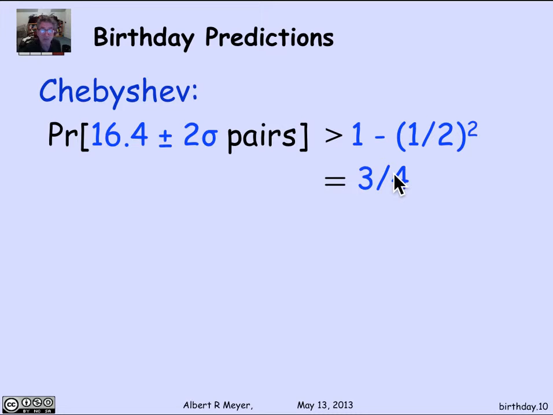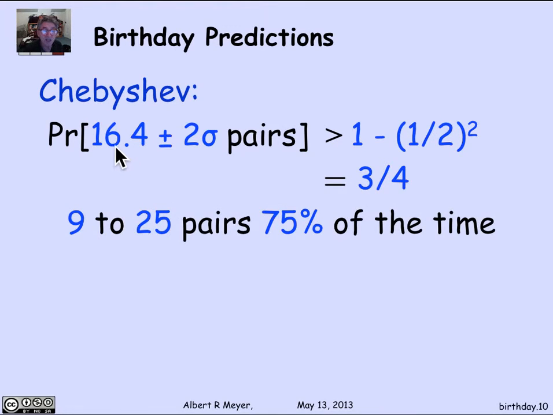There's a 3/4 chance that the number of pairs that we find is within 2 sigma of the expected number, 16.4. Sigma was about 4, so this is 8, which means that we're expecting, with 3/4 probability, somewhere between 8.4, meaning 9, and 24.4, meaning 25 pairs.